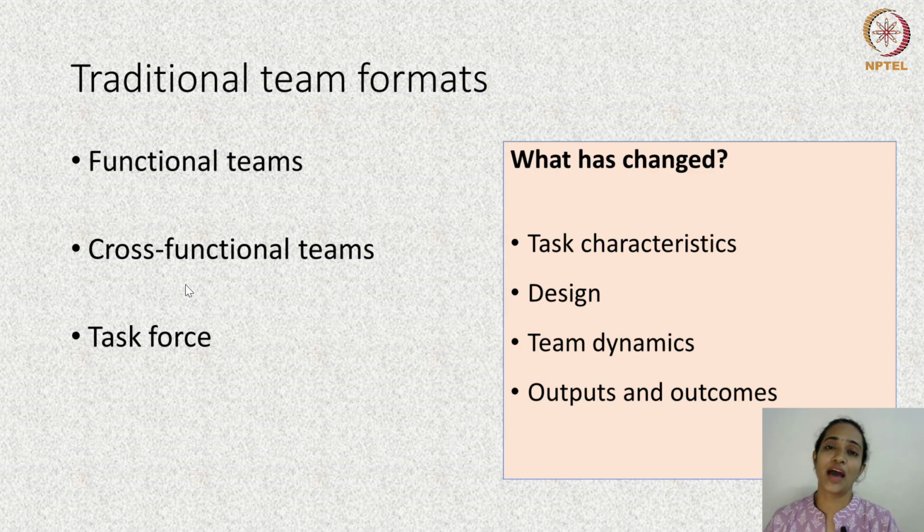Team functioning and processes have also undergone a change because of the change in task characteristics and design, and also because of the introduction of technology to facilitate a lot of the team processes. And because of the change in all these factors, we also see a change in the output. So let us see what are some of the contemporary team formats that we will be exploring in the next 2 modules.